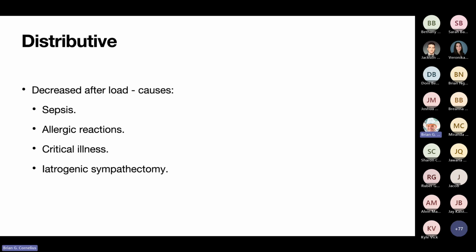From a distributive standpoint, as I said, you may see it's due to sympathectomy, but commonly what we'll see is patients become either septic or they have a delayed allergic reaction. The ones I really worry about with sepsis, and it tends to be very pronounced, are patients that become uroseptic. Some of the easiest cases you'll do are cystos.